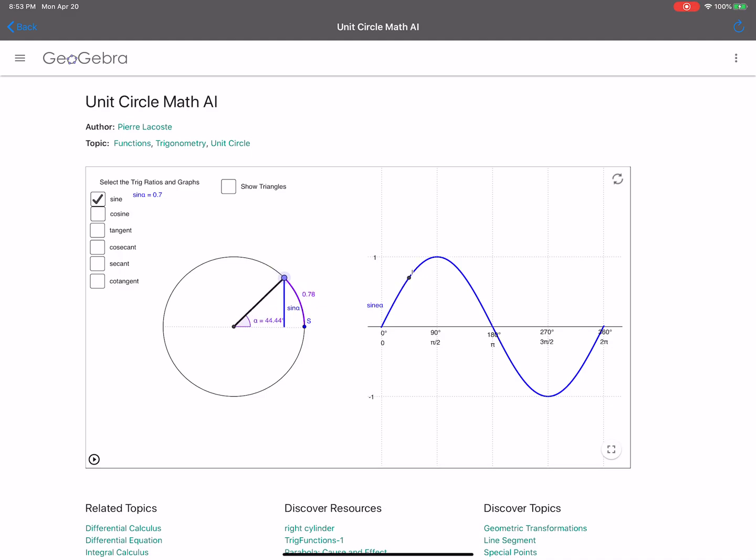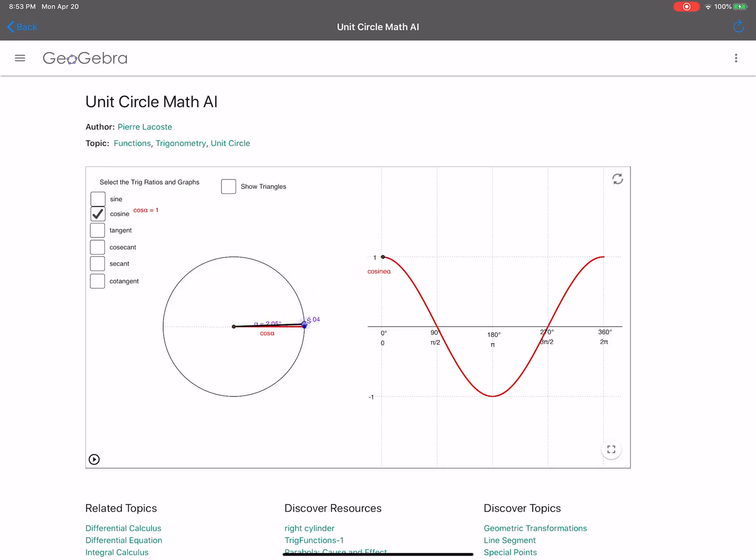Okay? For cosine, remember the cosine is the adjacent side over the hypotenuse, and that would look like that. So it's the length of that point there, and there'd be a little triangle, so really I should be drawing a little vertical line that joins it, but I didn't want to because I just want to make sure that you see that it's that length.